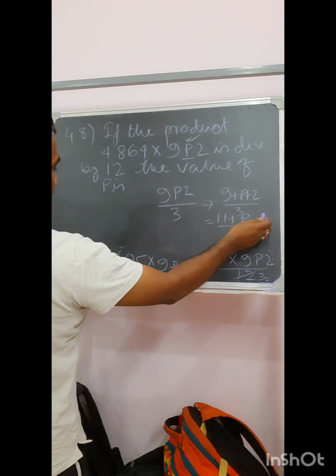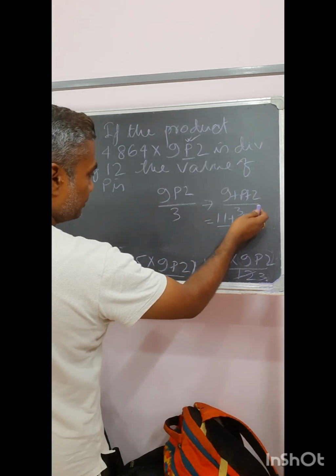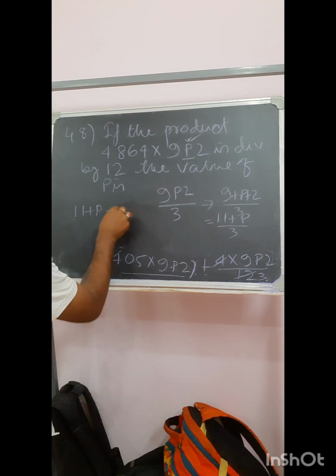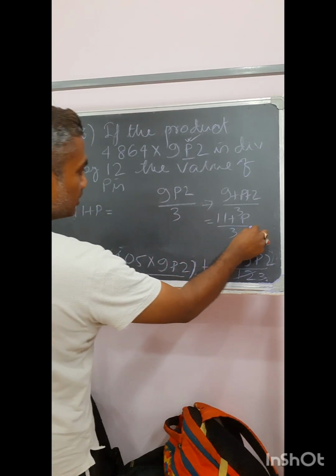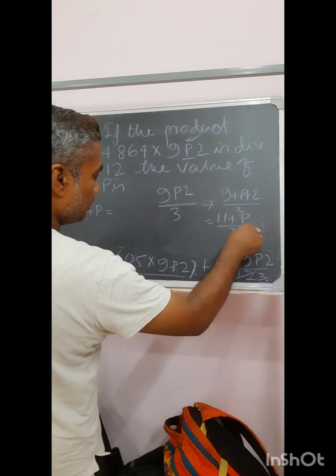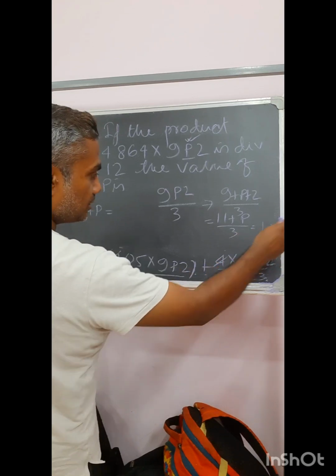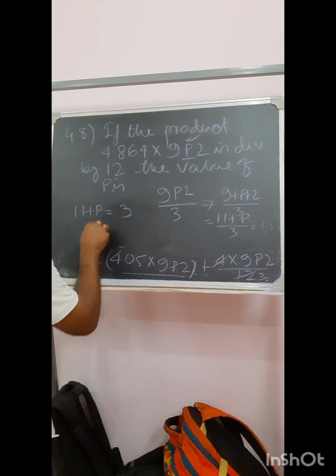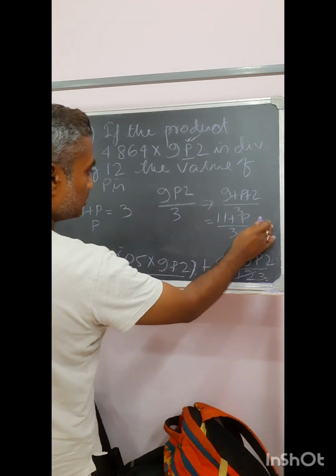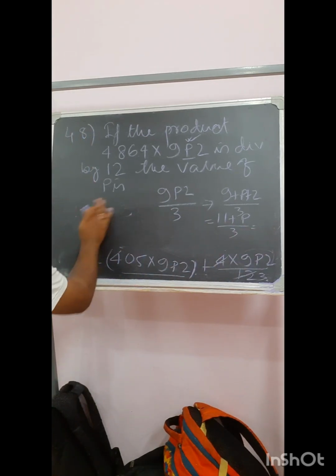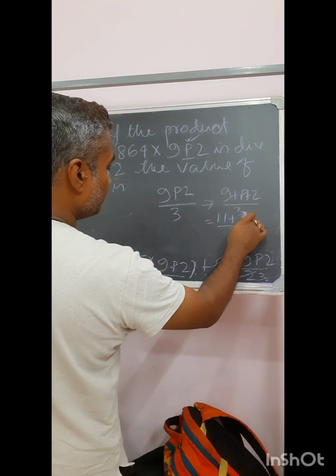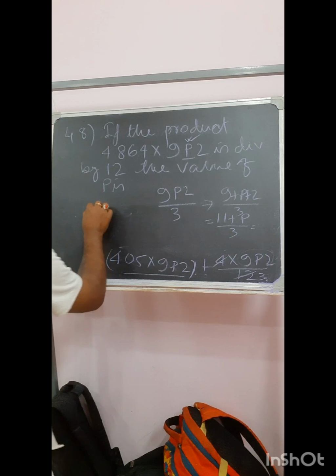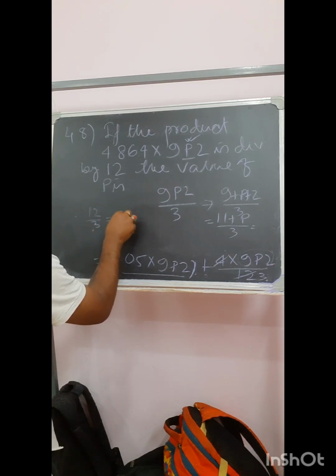So up to what number is p possible? It can be a multiple of 3 for what value of p? If I take p equal to 1, you can see it is 12, and 12 by 3 is equal to 4, an integer.